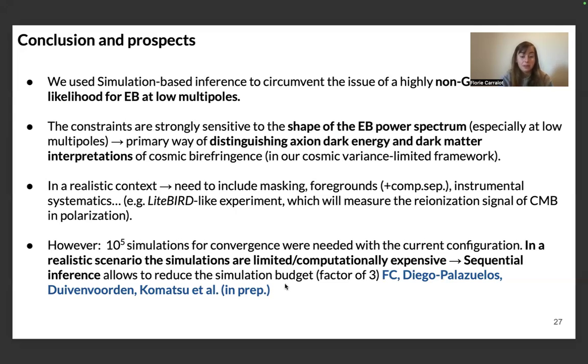So in the paper that I mentioned here, which is in preparation, we have shown that using sequential inference allows us to reduce the simulation budget by a factor of 3, but we still reach the same performance in our constraints.